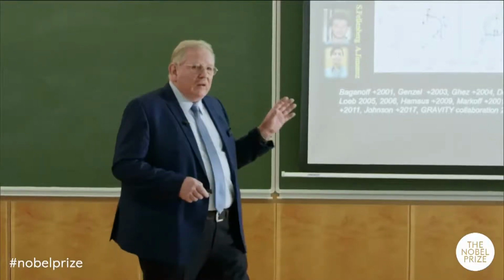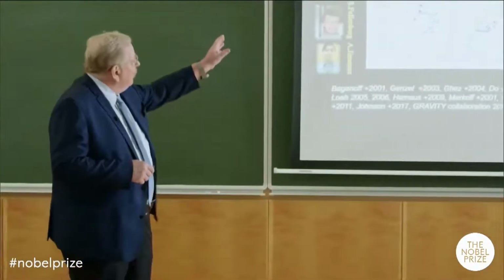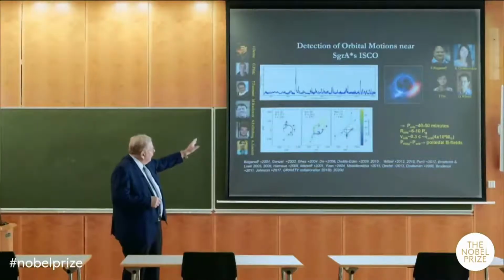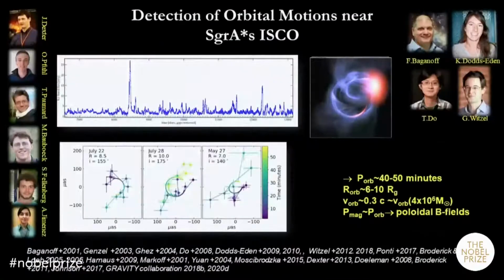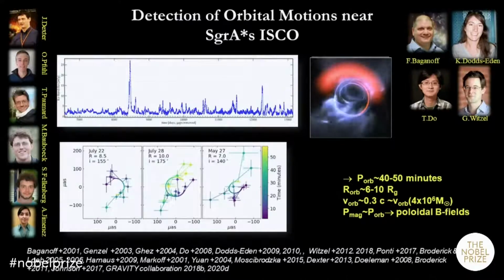Another thing here is that this emission is polarized. So that tells us that magnetic fields are present, and from the properties of the change of the direction of the magnetic field with time, which we can infer from these data, we find that the B field is likely poloidal, so along the axis of the black hole and not in the orbital axis of the motion.